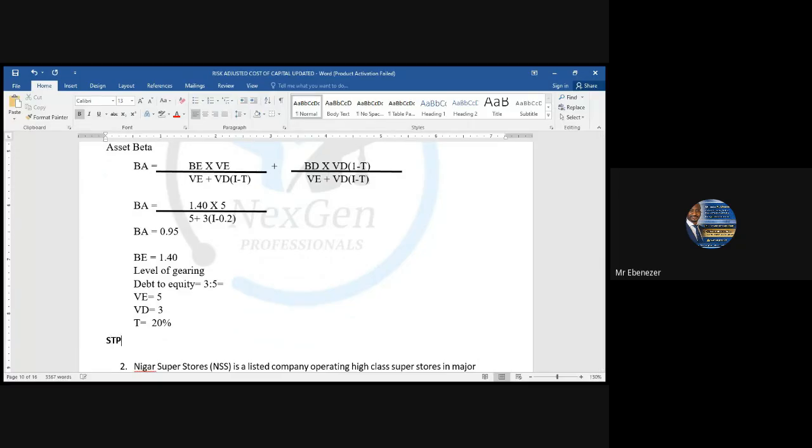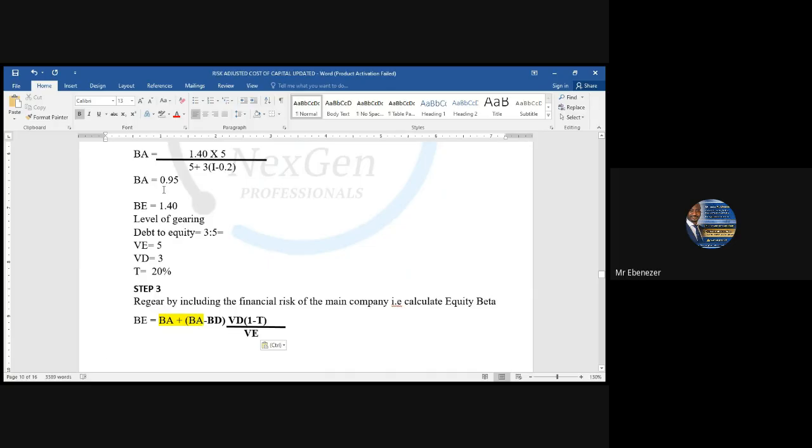Step 3. Our beta A here is 0.95. So we need the beta debt of the main company. Let's check. What is the value of debt of the main company?